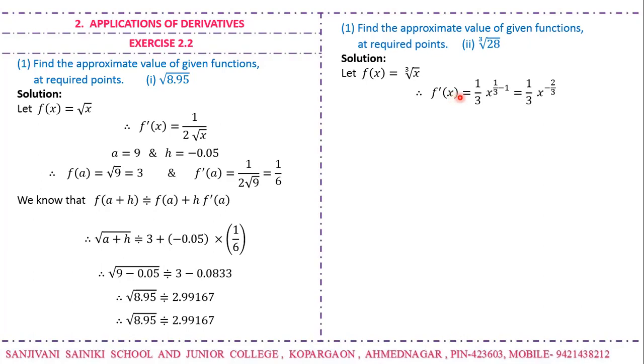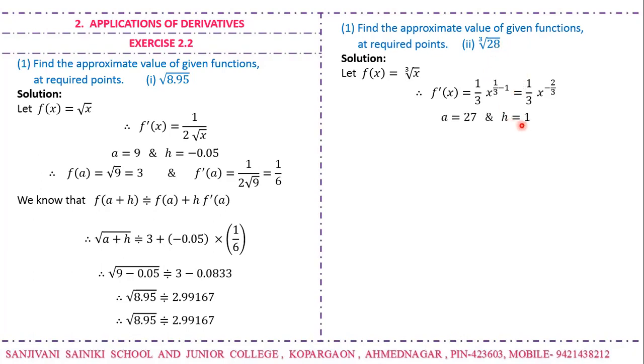Now I want to choose the point A, which is nearer to 28. I want an integer which is nearer to 28 and whose cube root I know. So I must take A as 27, because the cube root of 27 is 3.